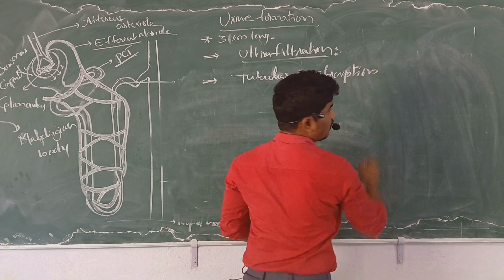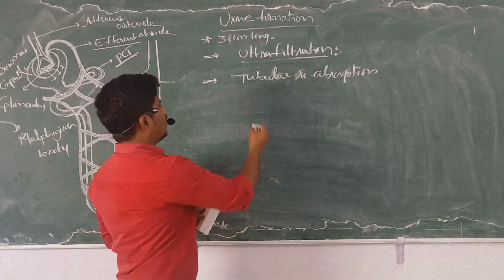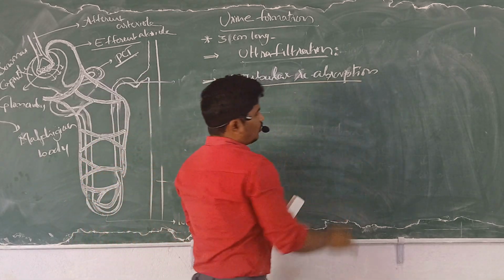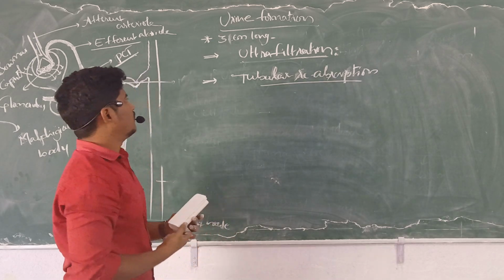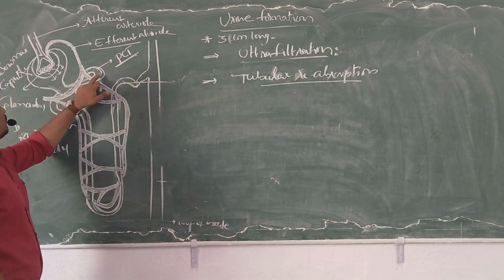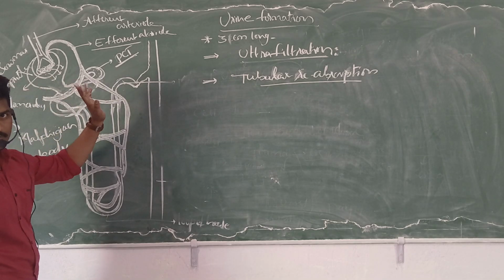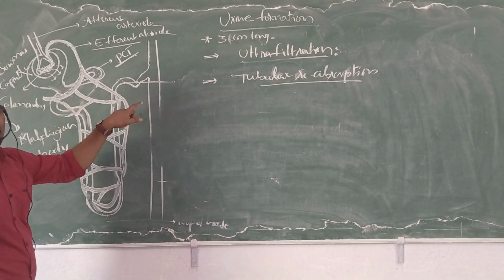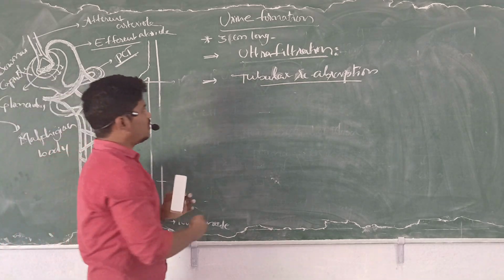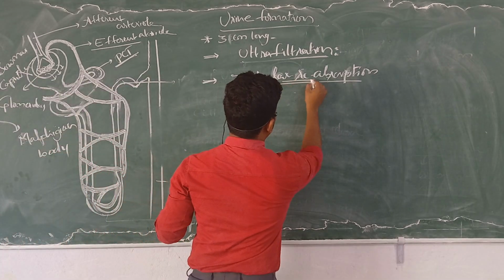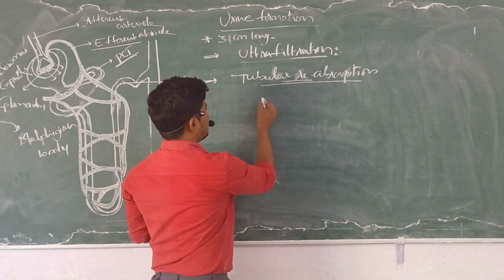What is tubular reabsorption? Remember the cheat code: reabsorption or absorption means from nephron tubule to blood vessel. And secretion means from blood vessel to nephron. Here we are going to see reabsorption.